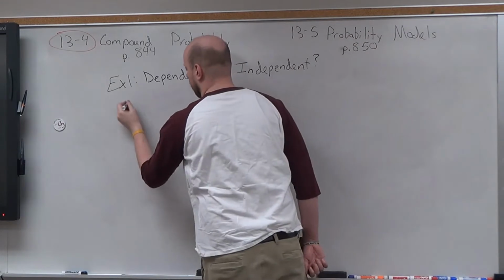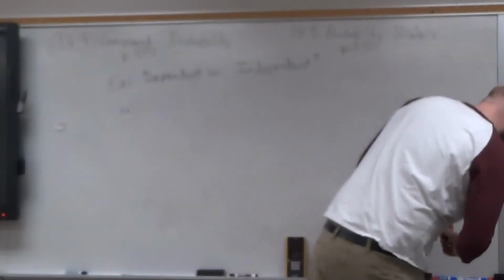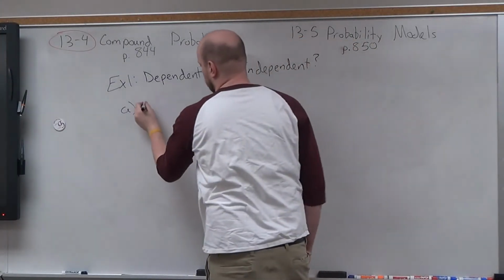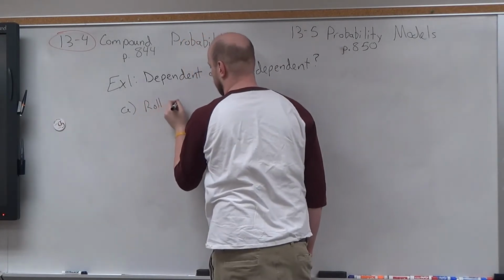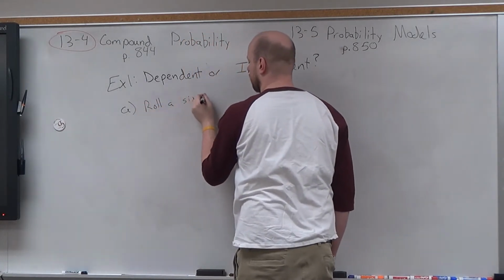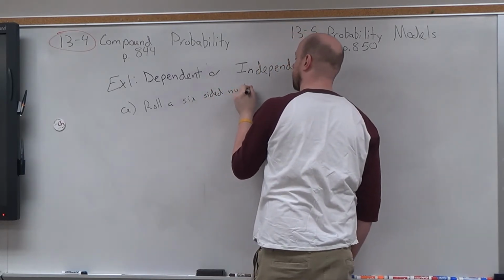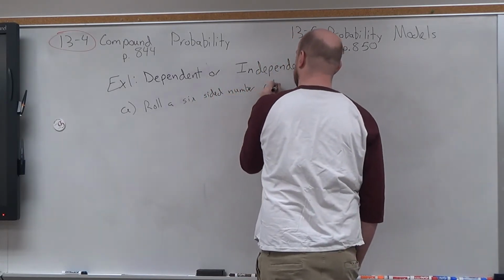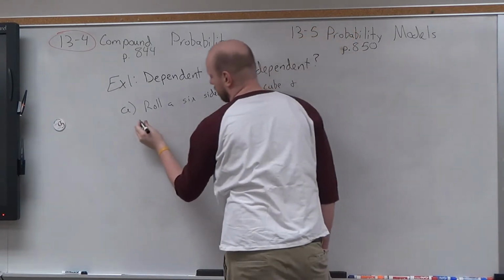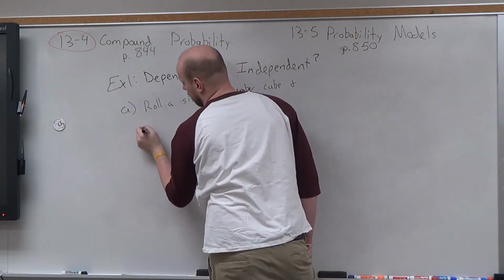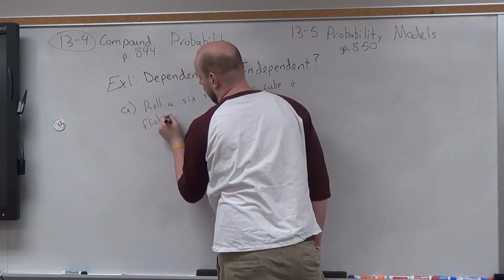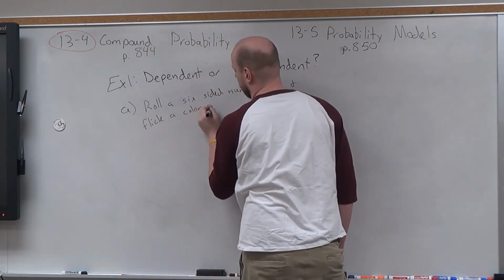Okay, so letter A. Roll a 6-sided number cube and flick a color spinner.